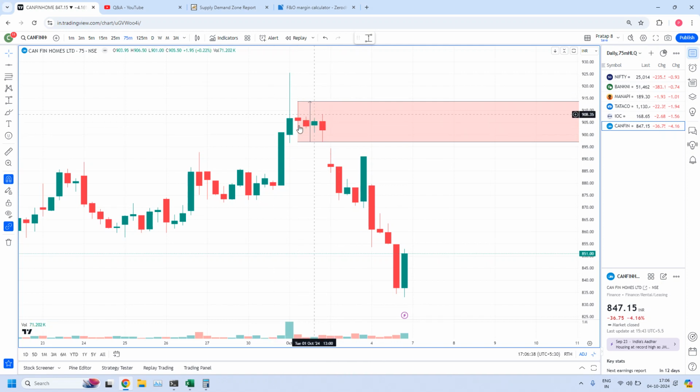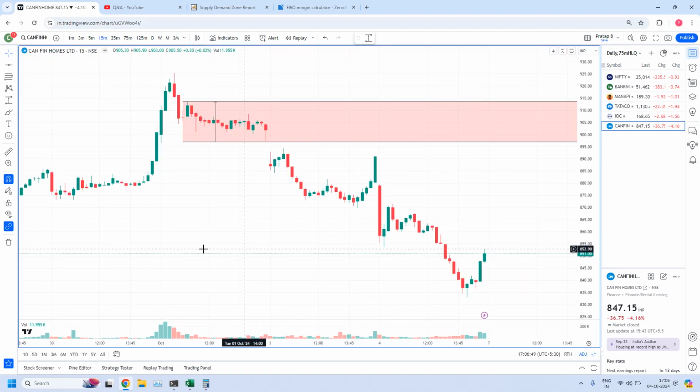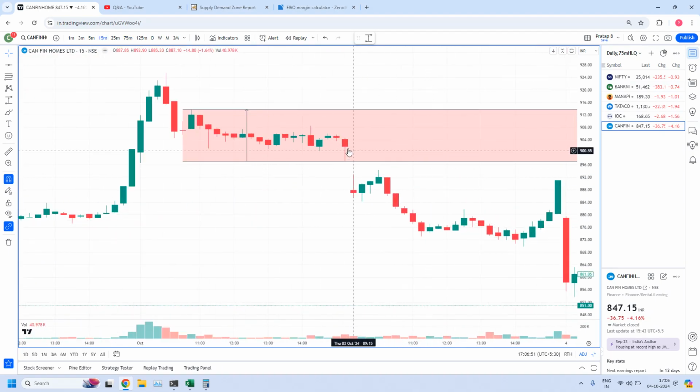To be honest, it is a hidden zone. And this zone will be violated because I didn't find a proper fine-tuned 15-minute zone here. See, a lot of consolidation here, no proper leg outs here. All these are small candles.